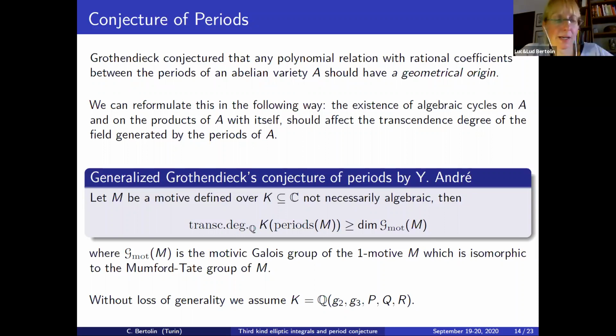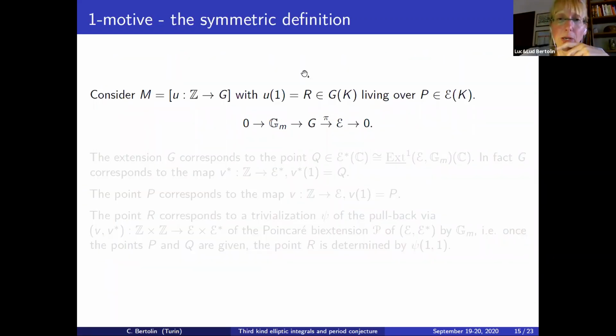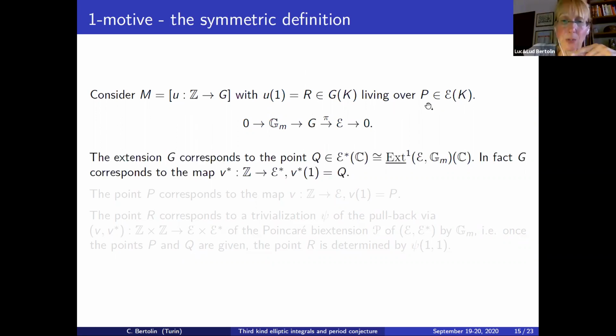There is a more symmetric definition of a 1-motive. I recall that a 1-motive is an extension G of E by G_m, and then we fix a point R on G whose projection on the elliptic curve is our P. As we have seen, the extension G is parameterized by a point Q. In fact, this point Q is just an arrow from Z to E star, which sends 1 to Q. So to have Q is the same thing as to have v star.